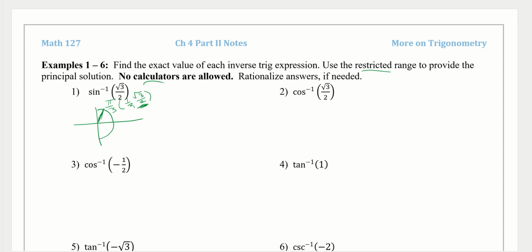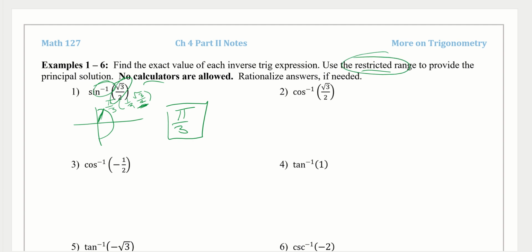Remember, whenever we do the sine inverse, we're looking for the angle that gives us that value. So the angle that would give us that value is pi over 3. Again, there's an infinite number of answers that would give us a sine value of root 3 over 2, but we're looking for the one within the restricted range.